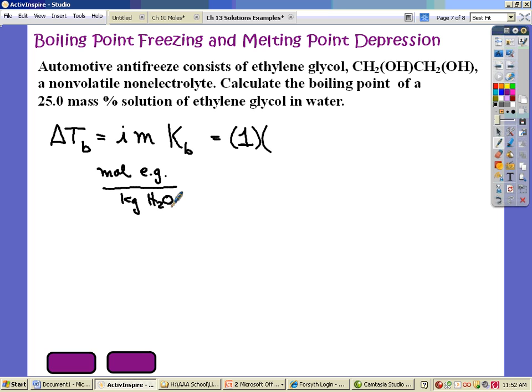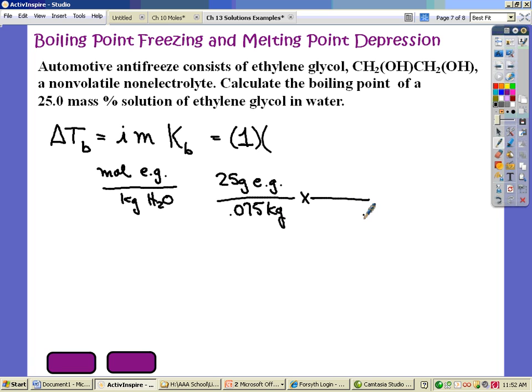So remember, our trick was to take 100 grams of the solution. And in 100 grams of the solution, I know that I would have 25 grams of the ethylene glycol, and I would have 75 grams, or 0.075 kilograms of my water.